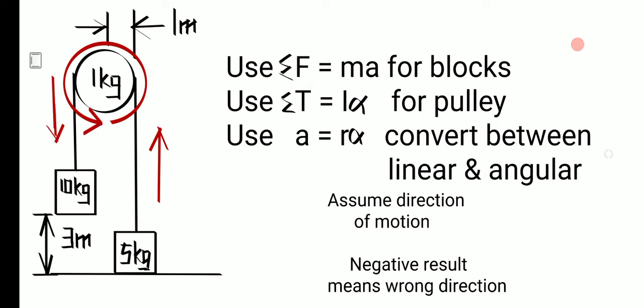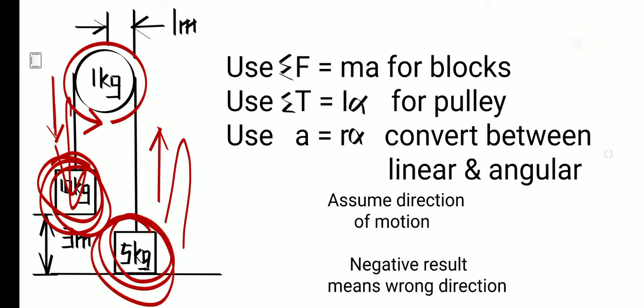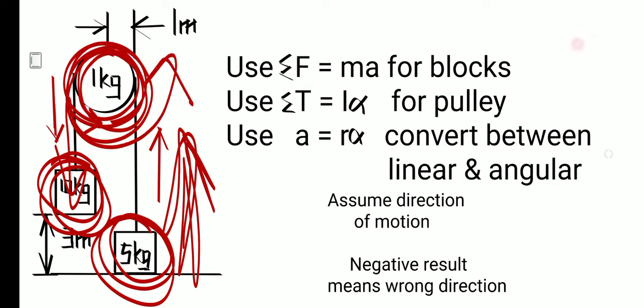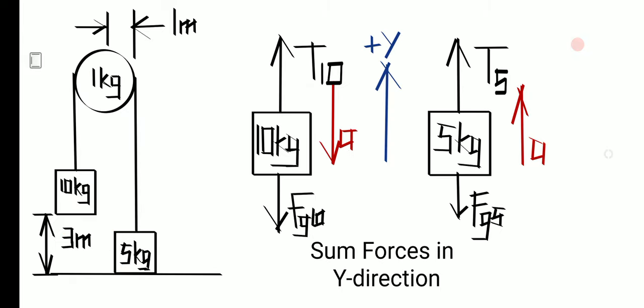Okay, here are the directions that we're going to assume. The 10-kilogram block is going to be moving down while the 5-kilogram block is moving up, and then the pulley has to move in a counter-clockwise direction. Now we're going to look at the two blocks and do sum of the forces, Newton's second law.